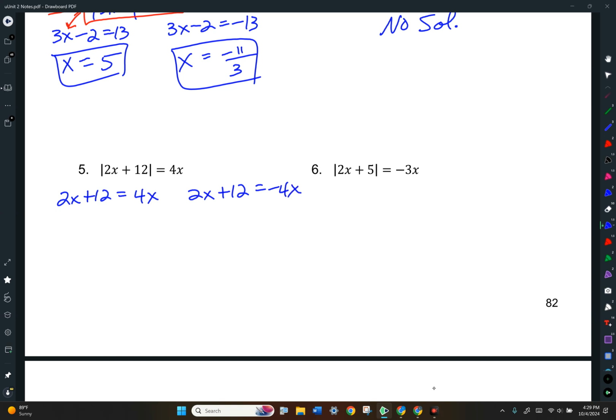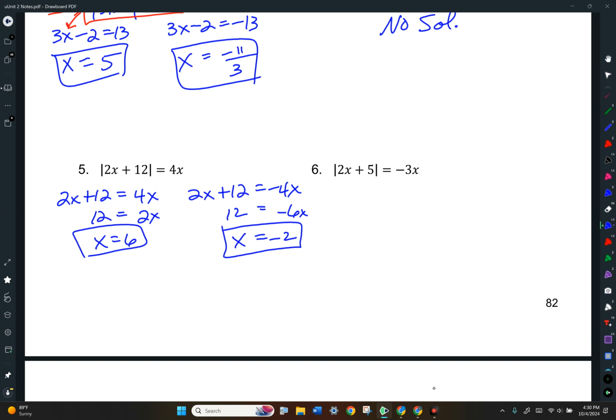So now when I solve, I'll subtract 2x. So 2x equals 12, or x equals 6. Over here, it doesn't really matter. If I move the 2x to this side, it's going to be a negative 6x equals 12. So x equals negative 2.